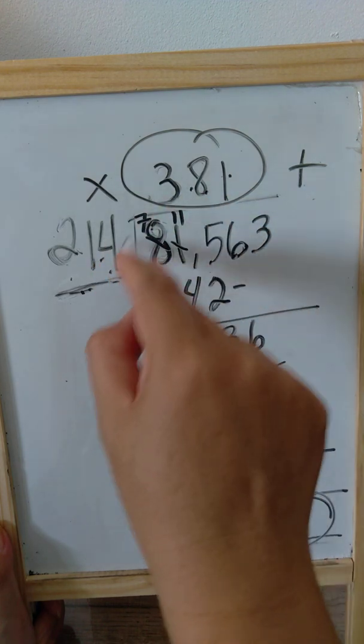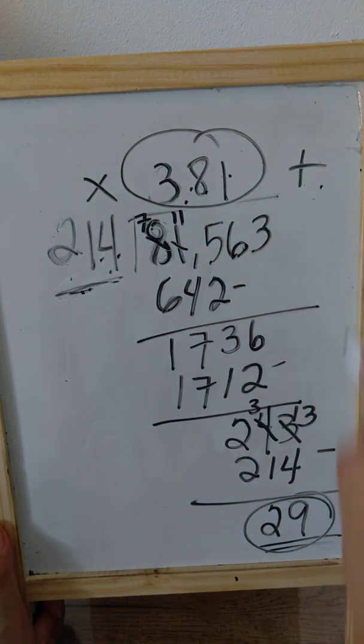We have to multiply these two plus the remainder, which is 29.